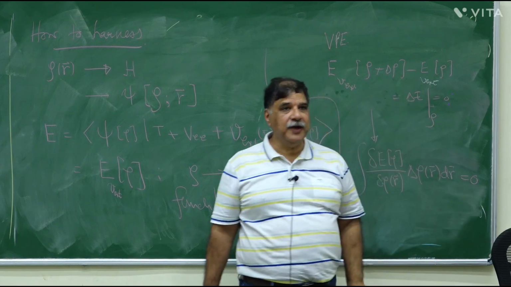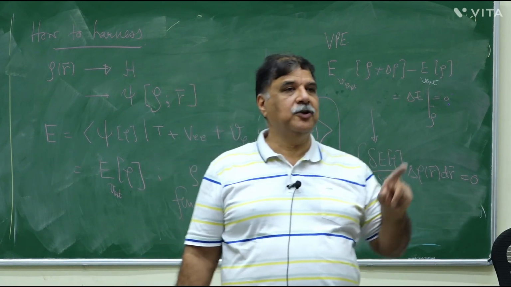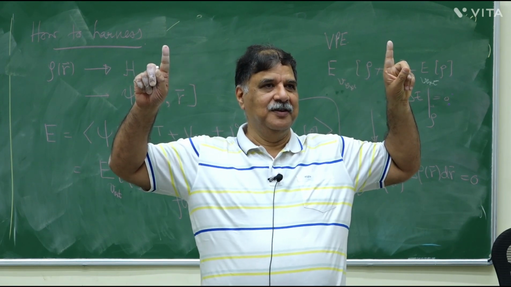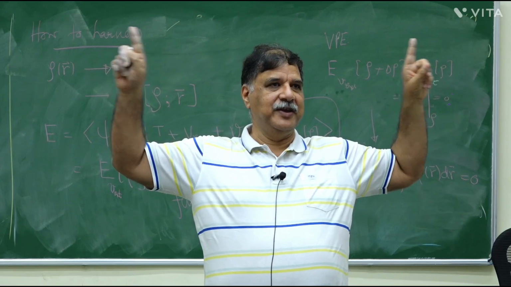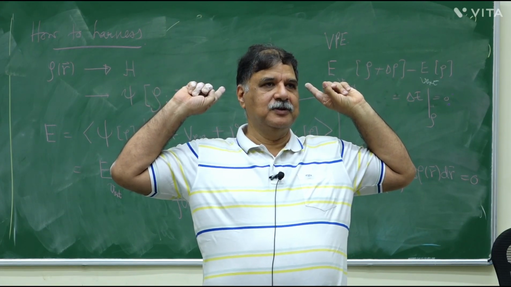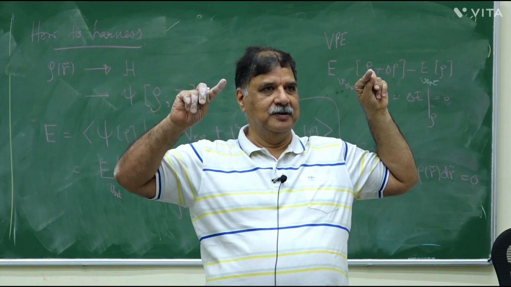Now I have to keep V external fixed, because remember when I do the variation principle, I cannot change the Hamiltonian. Hamiltonian is fixed. It is the wave function which is varying. When I am using the variational principle in terms of rho, I come to it through some wave function.